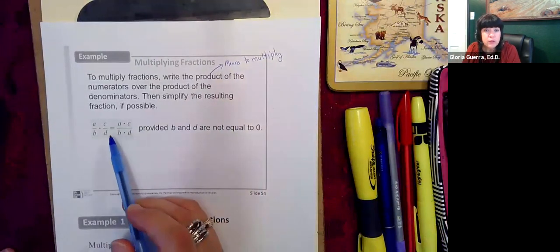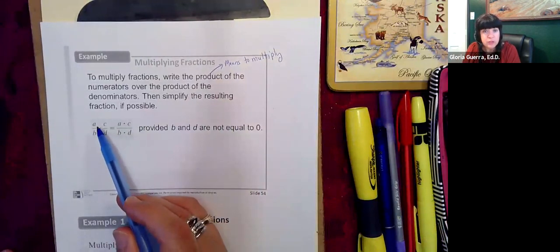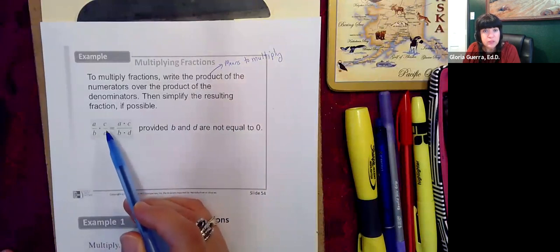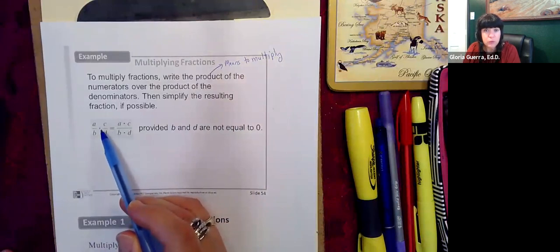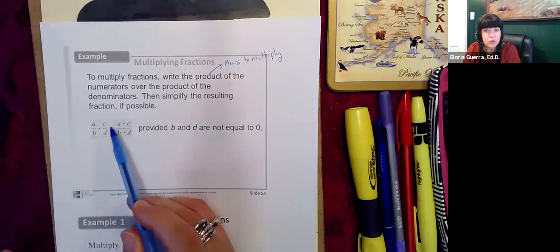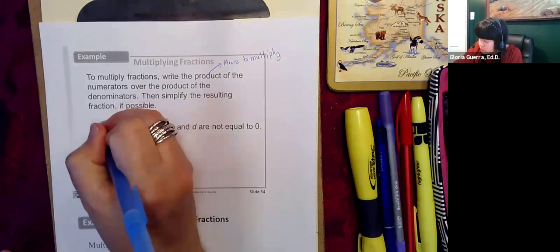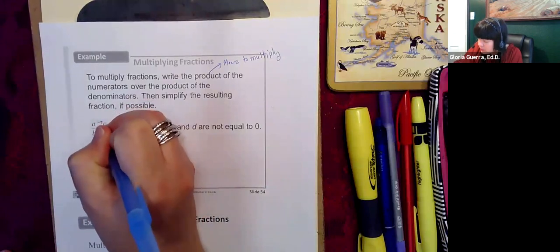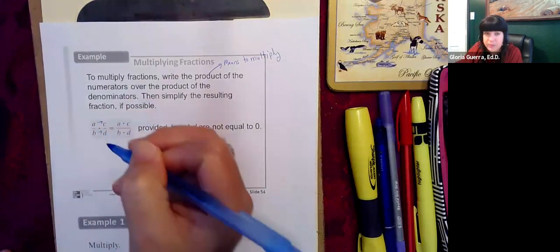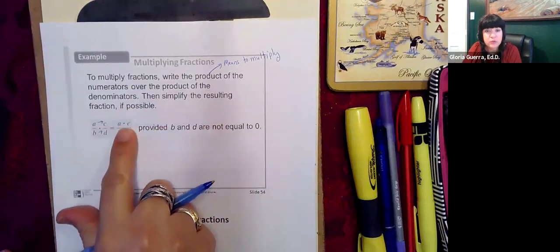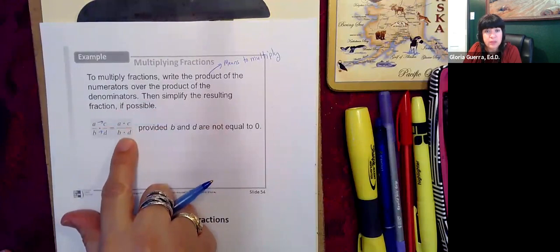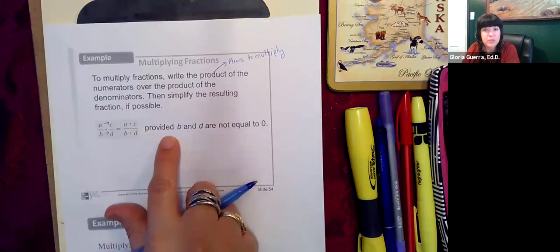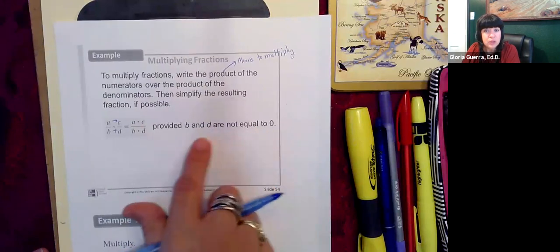And so you see here they have these generic fractions a over b times c over d, and you can use the raised dot or the multiplication, the little x, okay? And so you can see they're multiplying straight across, a times c, b times d. That gives you a product of AC over BD. And it says that B and D should not equal 0.